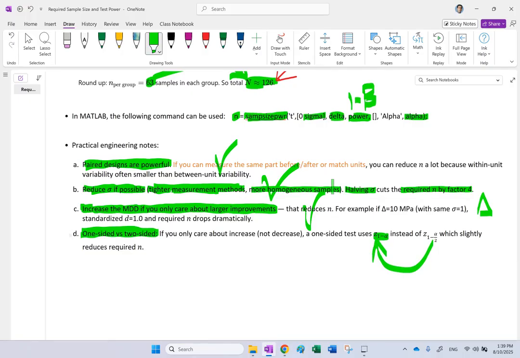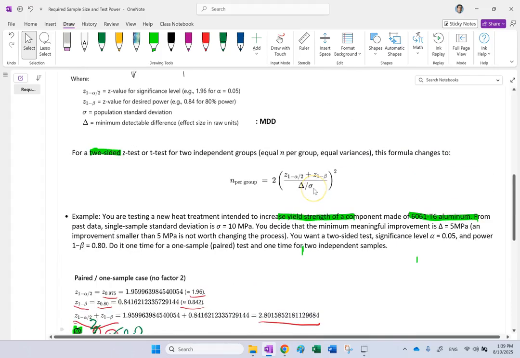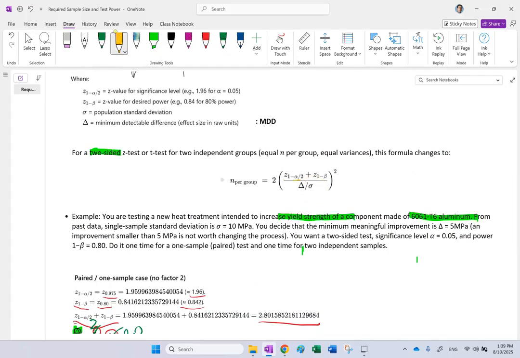So this guy is going to be this. And how does it change? Well, if alpha was 0.05, instead of z at 0.975, I use the one at 0.95, and you know, it is going to go down a little bit, right? Z at this number is less than Z at this number. So this number is going to go down a little bit, and for that reason, the whole N is going to go down.